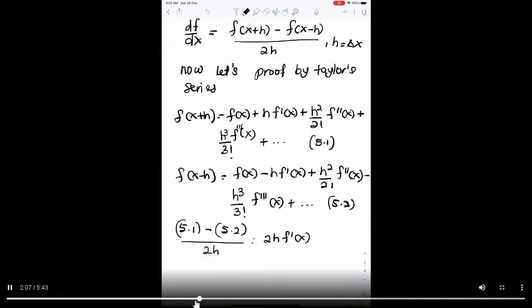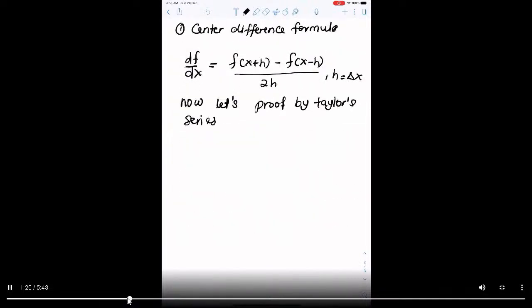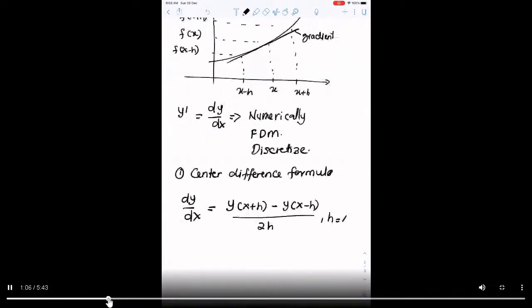You see the graph. I come back again. I have many times written this graph for you. It's very important. We want to find f'(x) somewhere here, but you want to use 2 points, x + h, forward, and then the value of x. So this we call the forward difference formula.